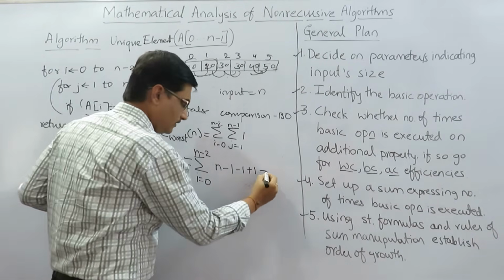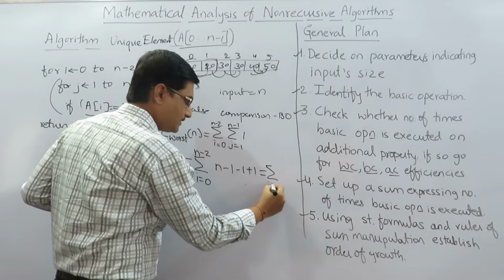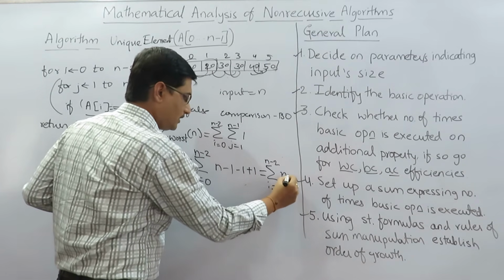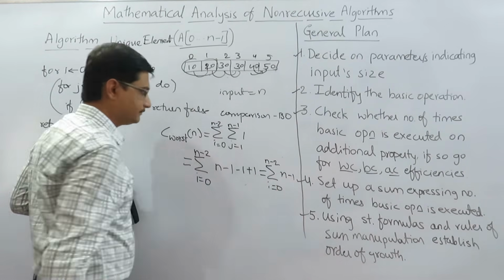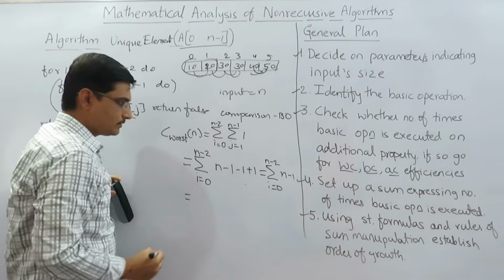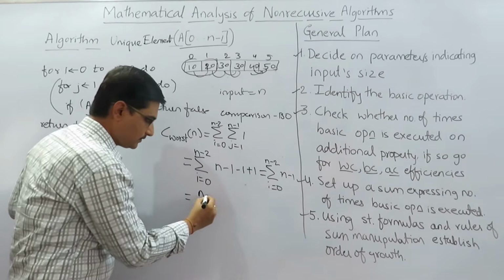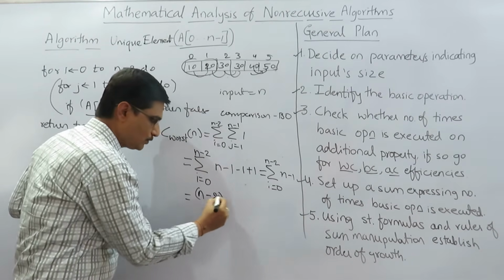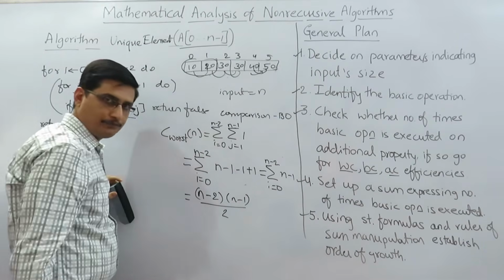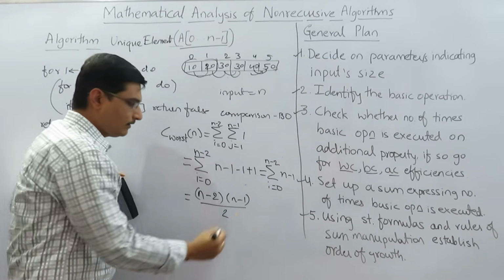So this will be summation from i equal to 0 to n minus 2 of n minus 1 minus i. If you work this out, it becomes n minus 2 into n minus 1 divided by 2.